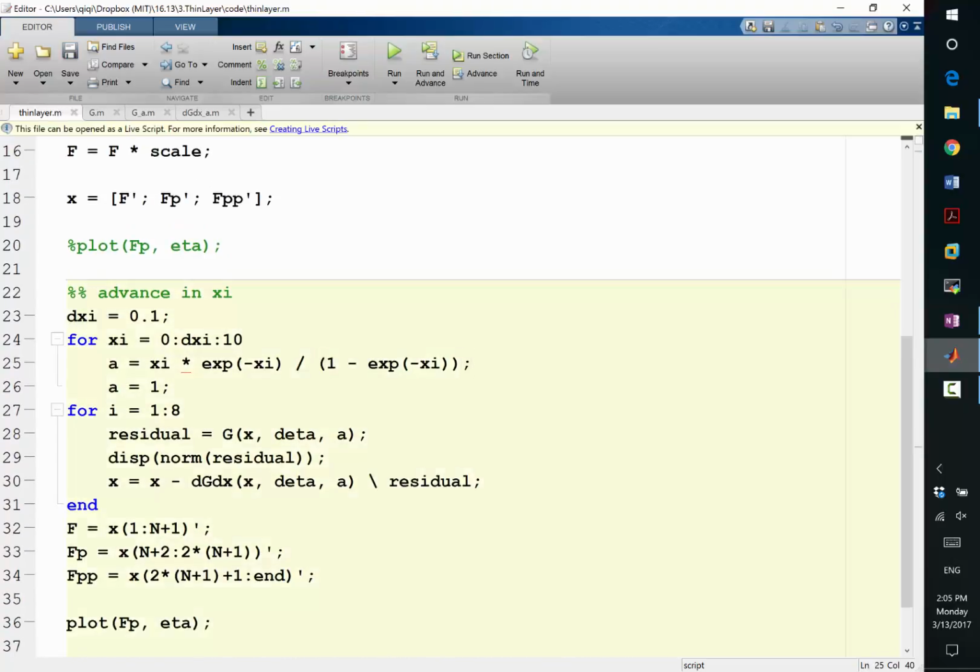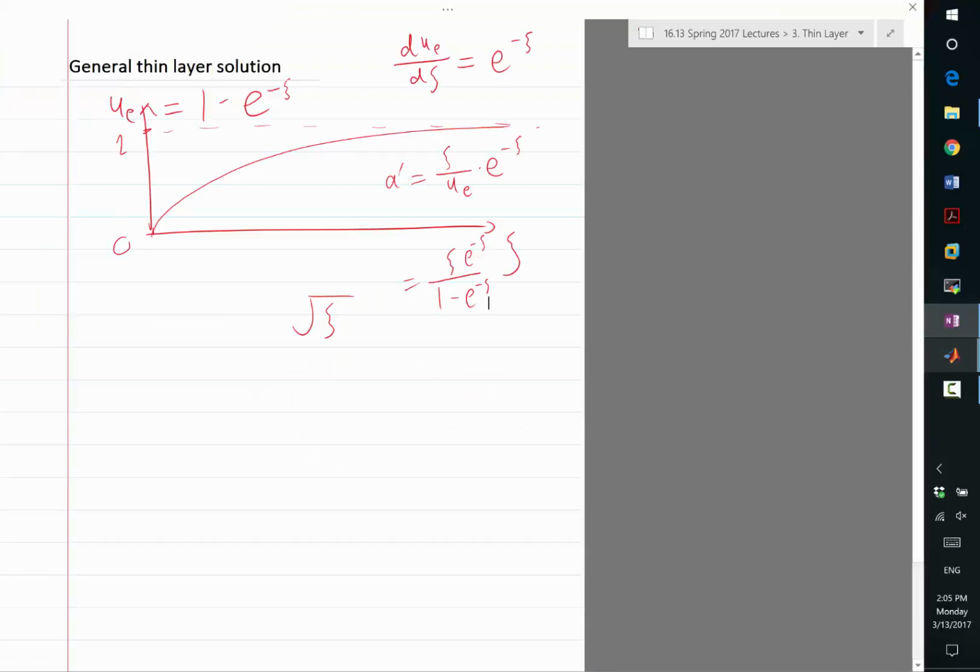Except when C is equal to 0, this is going to give me 0 divided by 0, right? But we can always take the limit. e to the minus C is going to give me 1, so this is basically C divided by this. The slope is basically 1 at the beginning, right?